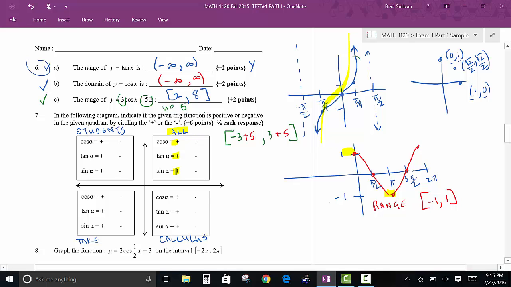The S for Students means that in quadrant 2, it's the sine that's positive. The other 2 functions are negative. Then the T for Take means the tangent's positive in this quadrant. The other 2 are going to be negative. And then the C for Calculus means cosine's positive. The other 2 are going to be negative. So that's how that goes.